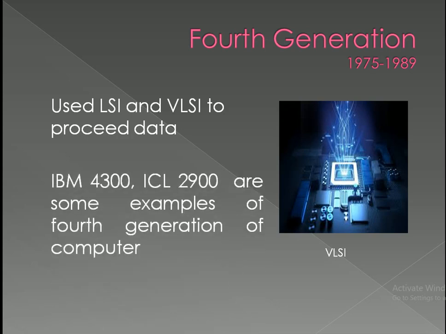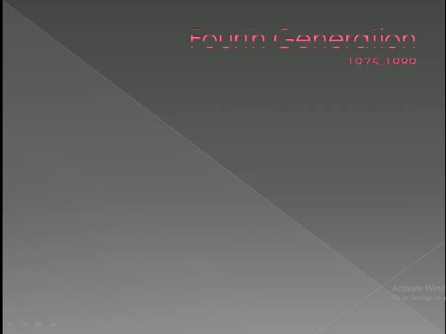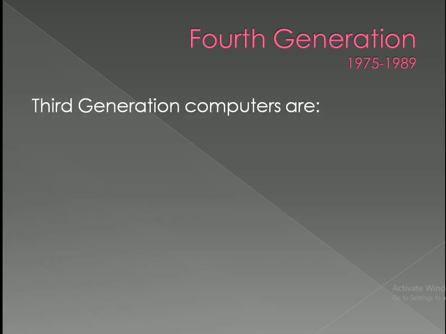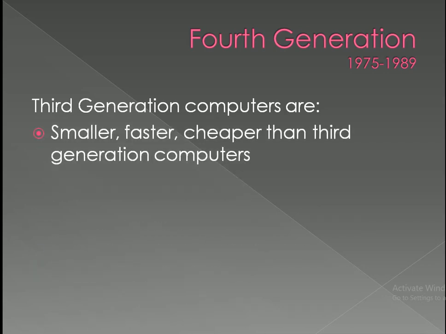IBM 4300, ICL 2900 were some examples of fourth generation of computer. Fourth generation computers were smaller, faster and cheaper than the previous generation, that is the third generation. The fourth generation computers consumed lesser power. In fourth generation computers, thousands of transistors on a single chip called a microprocessor were used.